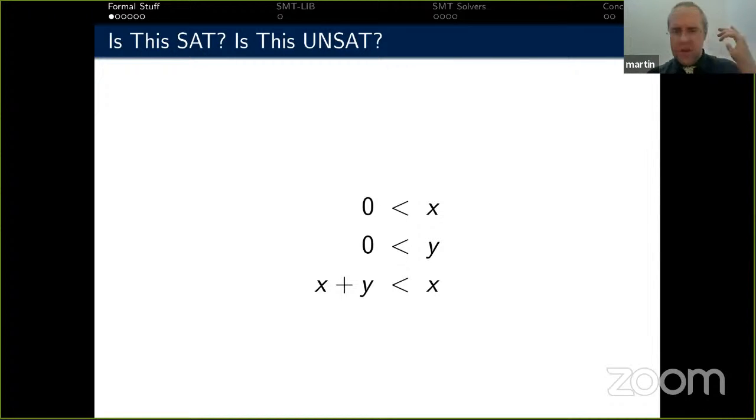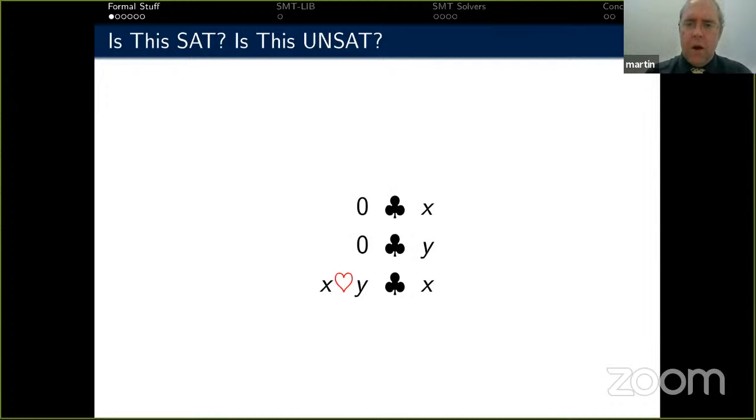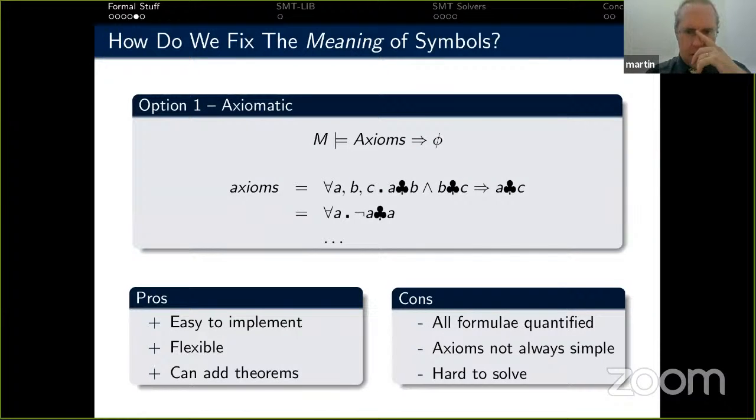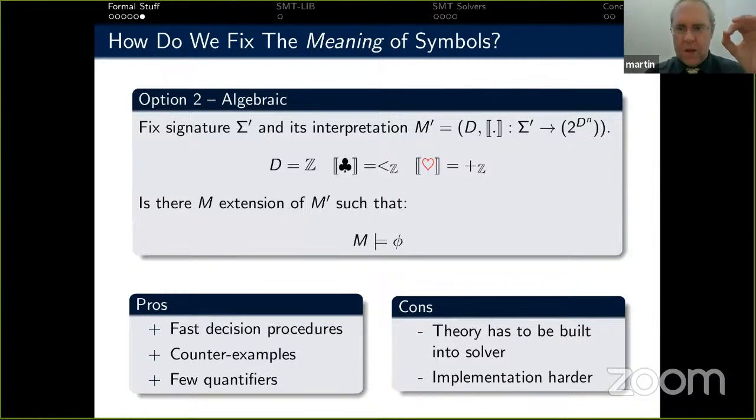Alternatively, I should have said, this is bit vector arithmetic. Get your bit vector hats on. So in this second approach, the algebraic approach, we pin down what interpretations we're talking about. We say, when you're writing those formulae, you are talking about the world of integers, and specifically the world where that club symbol means less than on the integers, and that plus symbol, that heart, is addition on the integers.